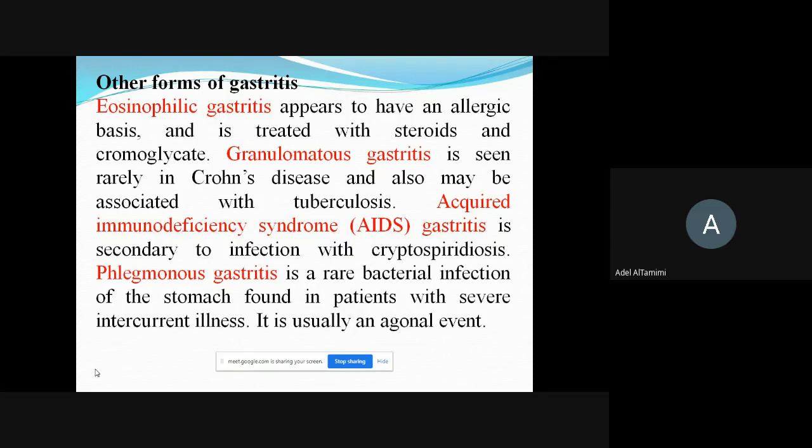Other type of gastritis is acquired immunodeficiency syndrome gastritis secondary to infection with cryptosporidosis, which is a fungus. Phlegmonas gastritis is a rare bacterial infection of the stomach found in patients with severe intercurrent illness and it's usually a gonal event. يعني هيك accidental event.